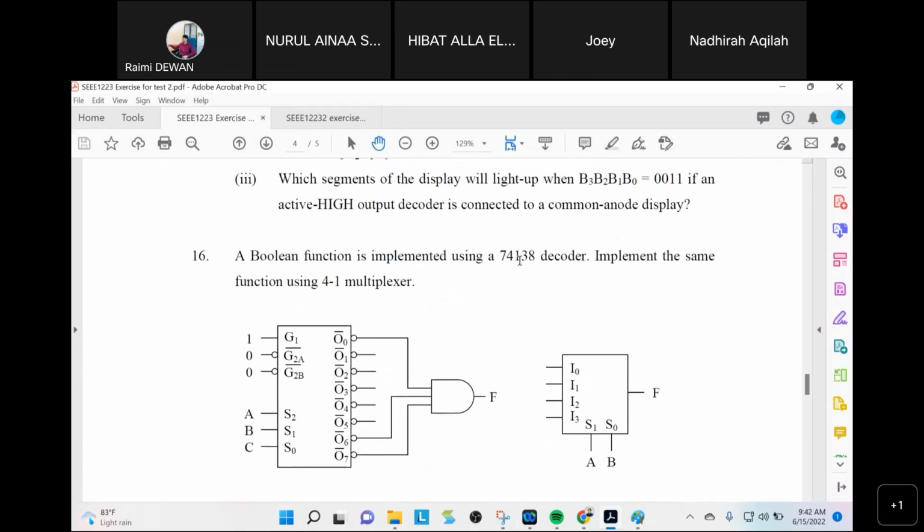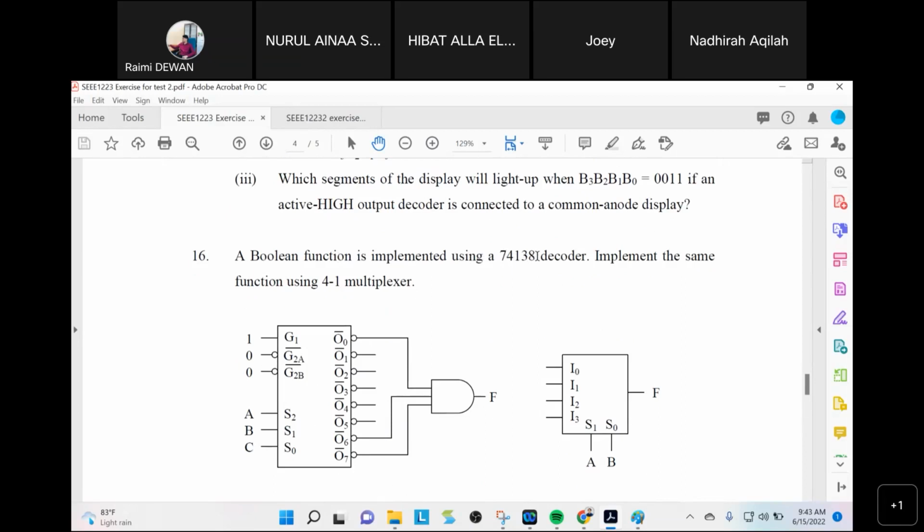I taught the previous 2 semesters. So if I'm not mistaken, we are giving a data sheet, maybe for the final. Okay, a Boolean function is implemented using a 74138 decoder.